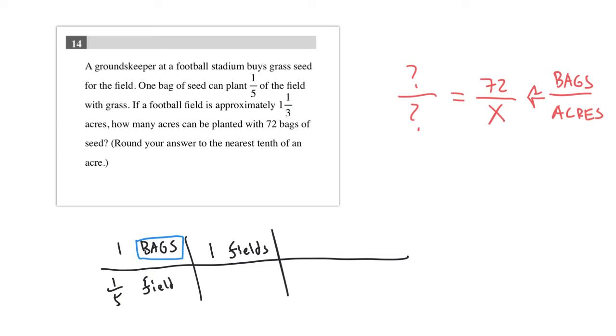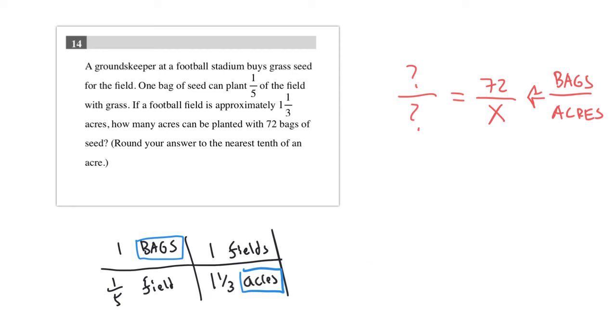So we have one field is 1 1/3 acres. Well, this is great, because now we actually have the words that we want. We have bags up top, and acres down below. So that's a good sign. We're actually getting closer to the answer.